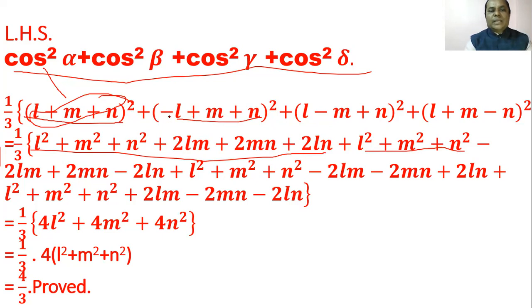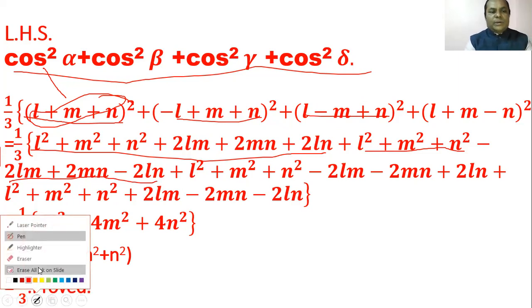Minus 2ab, plus 2bc, both places there is plus 2bc, and minus 2ca. And here also the same formula you can use. What you can write down is l square plus m square plus n square minus 2lm, and minus 2mn, minus 2ln. We can get this formula because this is a normal formula.